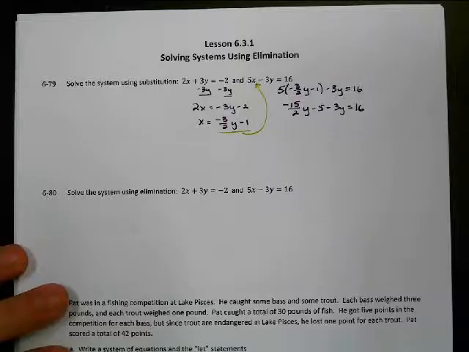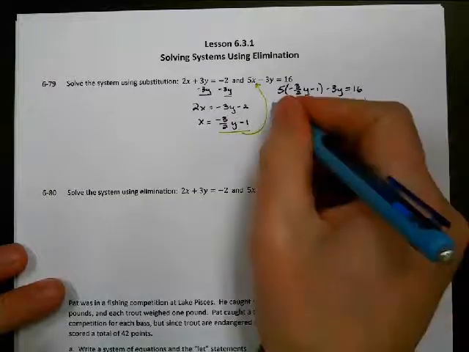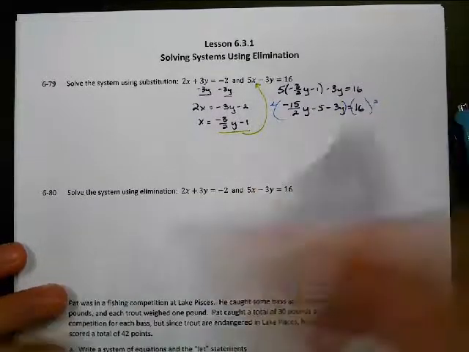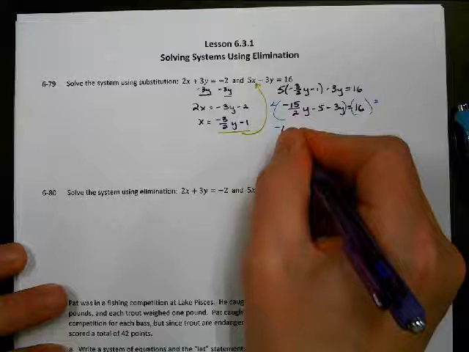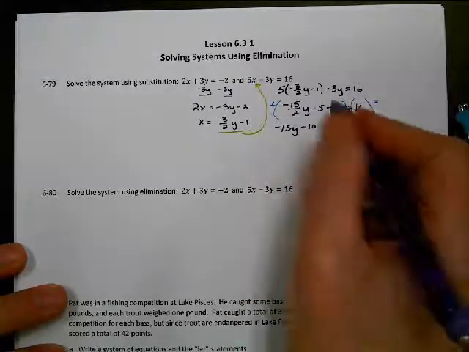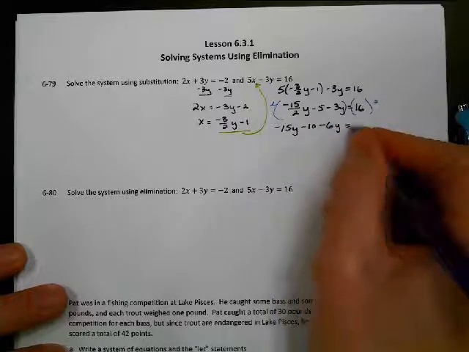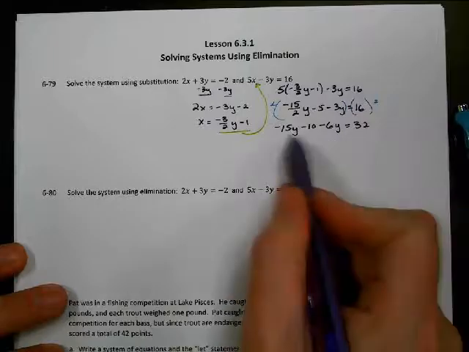let's multiply everything by 2 so that I can get rid of that fraction there. So I'm going to multiply everything by 2. This is messy. Negative 15y minus 10 and then minus 6y. So everything has to be multiplied by that 2. Then over there I got 32. Okay, now it's getting a little bit better.